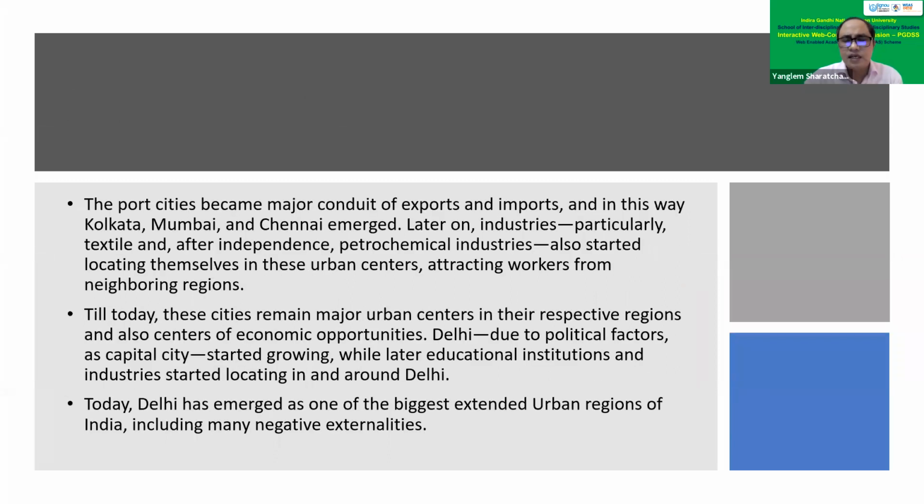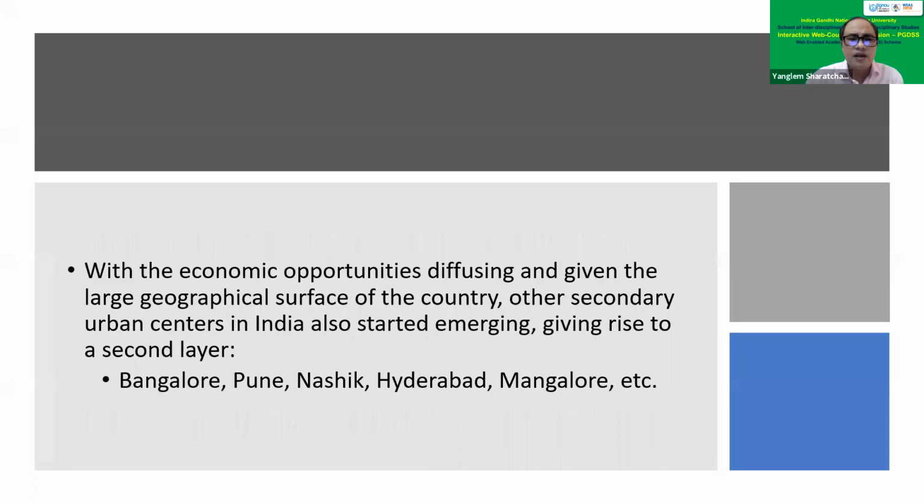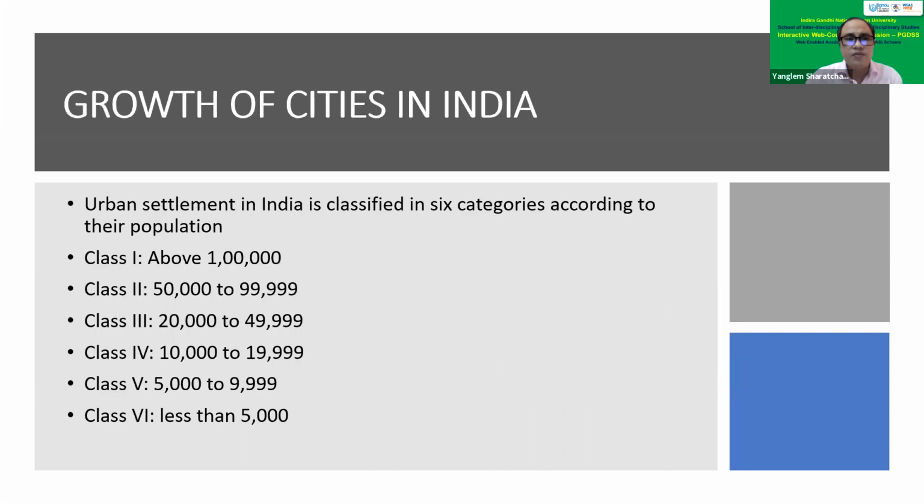We know that the cities of Kolkata, Mumbai, and Chennai were urban before independence. Then Delhi became urban because of its political importance. And in the process, the number of urban areas has been growing in the last 70 years in India after independence.